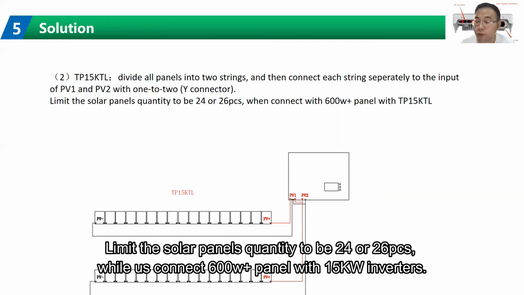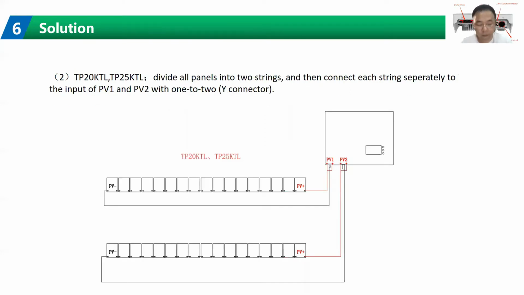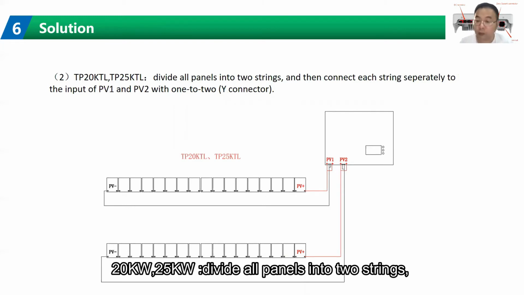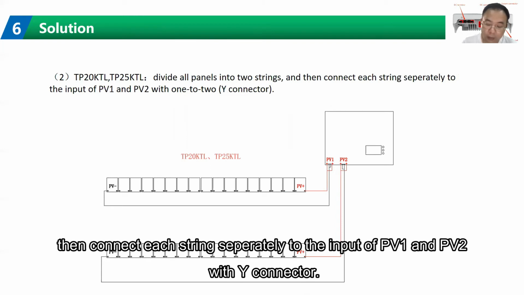We strongly suggest you limit the solar panel quantity to 24 or 26 pieces when connecting 600 volt panels with 15 kilowatt inverters. For 20 kilowatt and 25 kilowatt inverters, divide all panels into two strings, and then connect each string separately to the inputs of PV1 and PV2 with one connector.